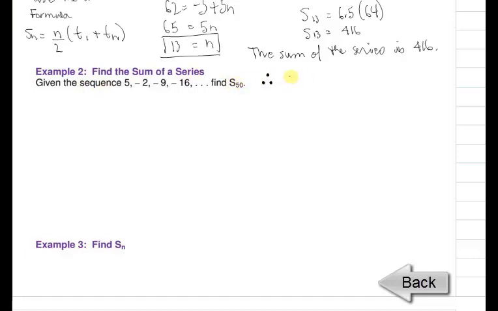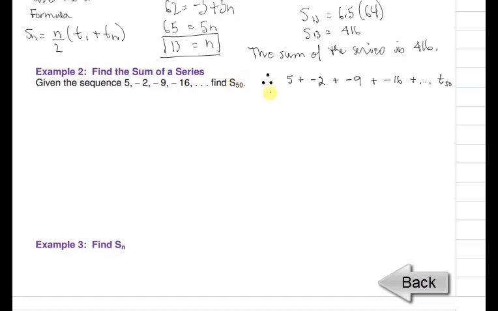So really what they're asking you to do is find the sum of 5 plus negative 2 plus negative 9 plus negative 16 plus ... all the way up to whatever t subscript 50 is, because you want to find the sum of the first 50 terms.